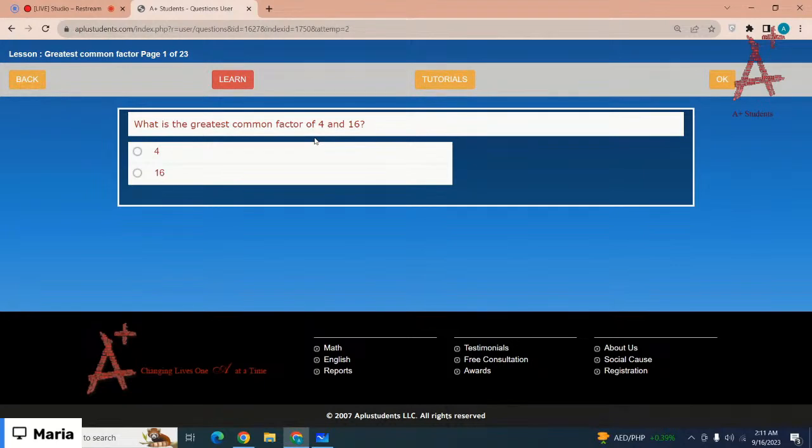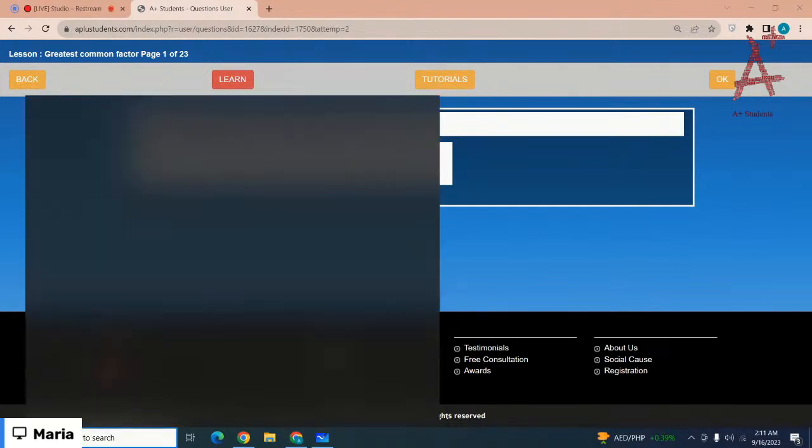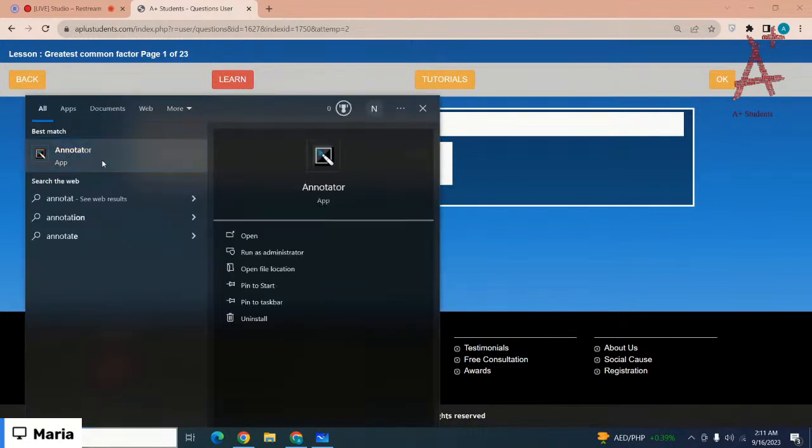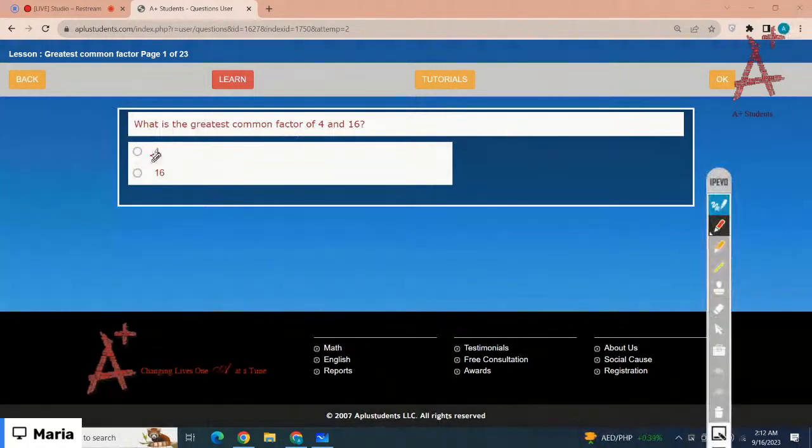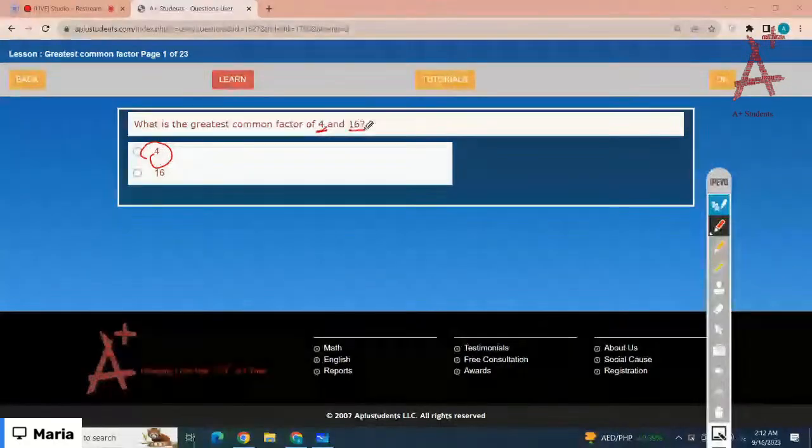How do we know? You are given two options, 4 and 16. The greatest common factor is the one that can divide both the numbers completely, with no remainder. So you have two numbers, 4 and 16, right? Start with 4. 4 divided by 4, and when you divide 16 by 4, 16 by 4 is 4.